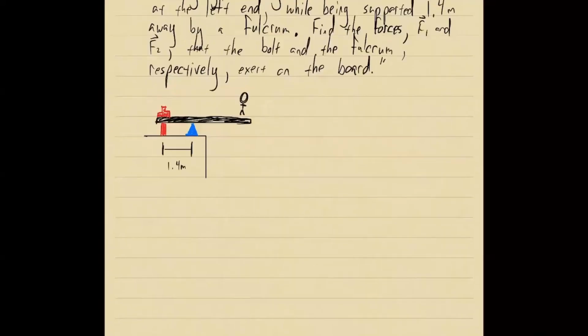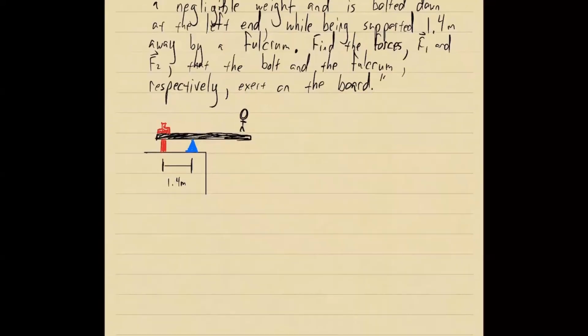So let me draw a free body diagram of this. So this is our diving board right here, right? Then at the very end, right here, the woman, her weight is pushing down. She has a weight of 530 newtons, like that.